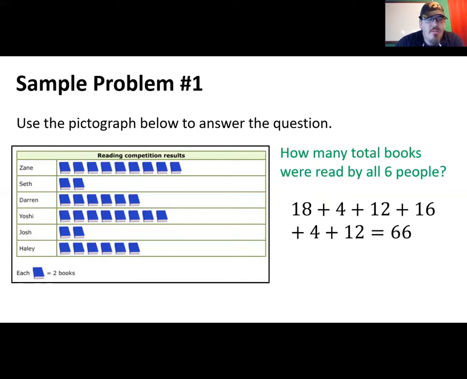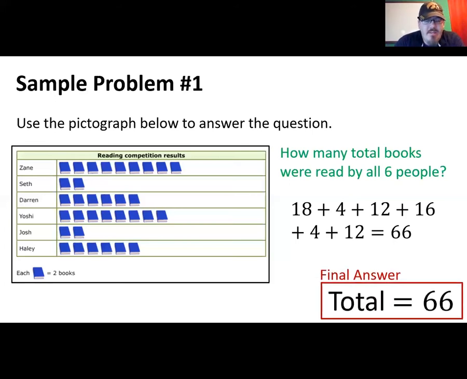Like the first person, Zane, there are 9 books in the graph, so that means he read 18. Seth read 4. Darren read 12. Yoshi read 16. Josh read 4 and Haley read 12. To find the total, we simply add them all up and we come to a solution of 66. Our answer is 66 total books were read by the 6 people displayed in our chart.